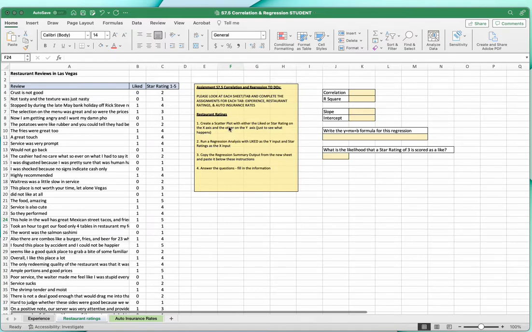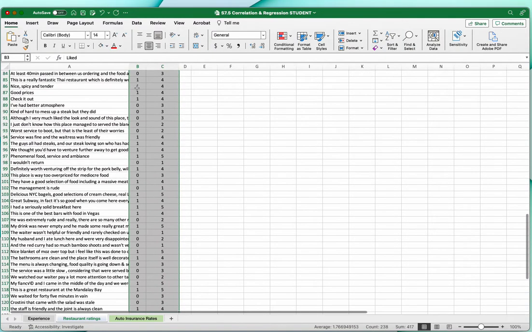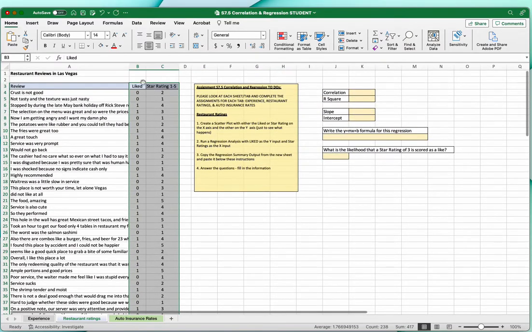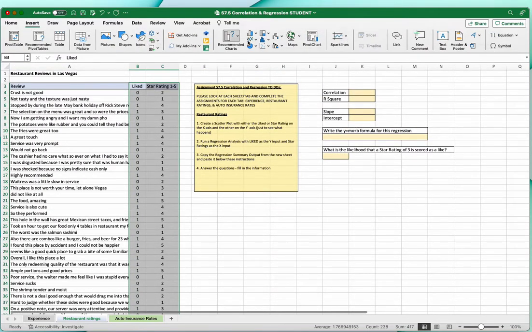The first thing it asks me to do is create a scatter plot with either liked or star rating on the x-axis and the other on the y, just to see what happens. In this case, it doesn't matter. I'll click on liked, then shift and command shift down, and insert a scatter plot.